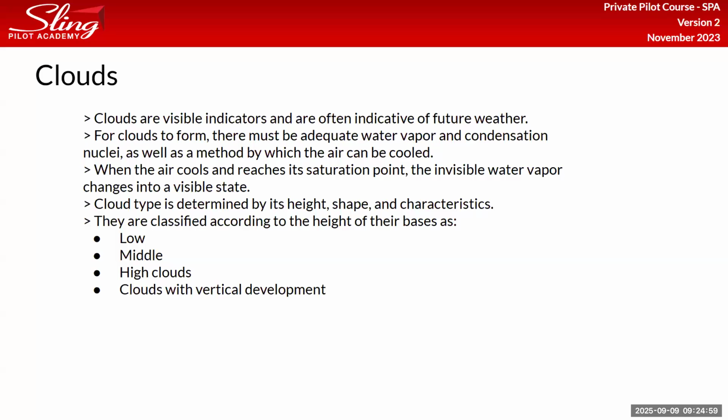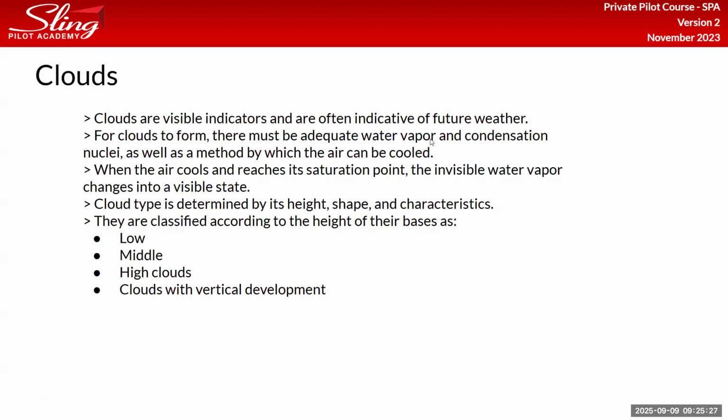Okay. There are different types of classified clouds. So we have low, middle, and high clouds, and then clouds with vertical development are their own type. So this is by height, shape, and other characteristics. We're going to have a slide for low, middle, and high clouds. But we obviously know for clouds to form, there has to be adequate water vapor in the air.